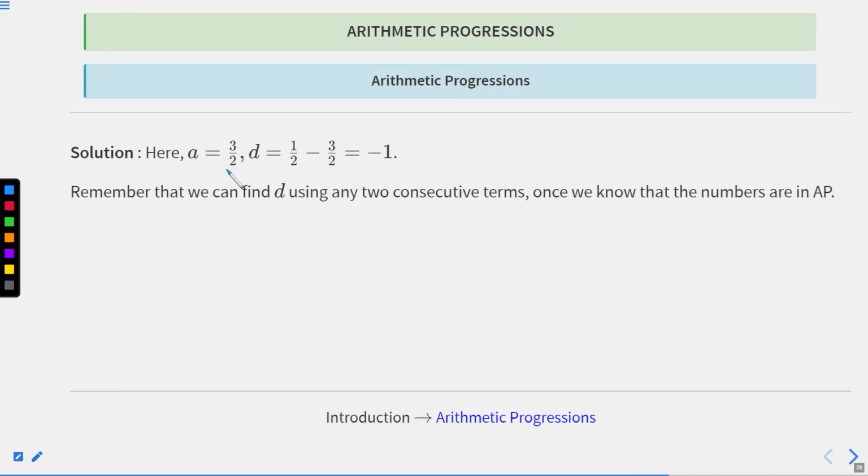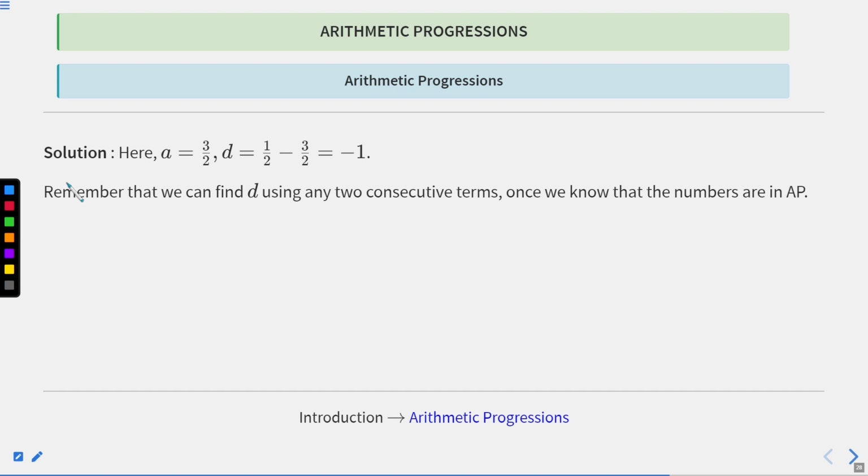So the first term A is equal to 3 by 2, and the common difference D is equal to 1 by 2 minus 3 by 2. Here we actually find the difference of the first two terms, A2 minus A1. It is enough to find only one of them, and that is the common difference of an AP.